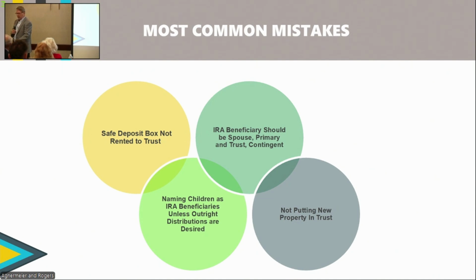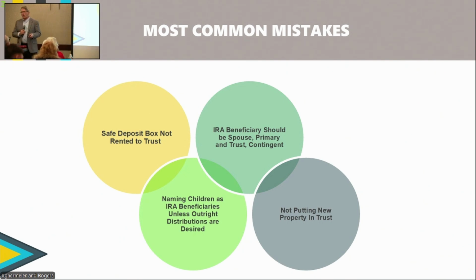Even though we want you to rent the box in the name of the trust so your successor trustees can get into the box, oftentimes the things that are in the binder might be helpful to get them that authority. So please don't keep the estate plan in your safe deposit box, and make sure that if it is rented, it's rented in the name of the trust.